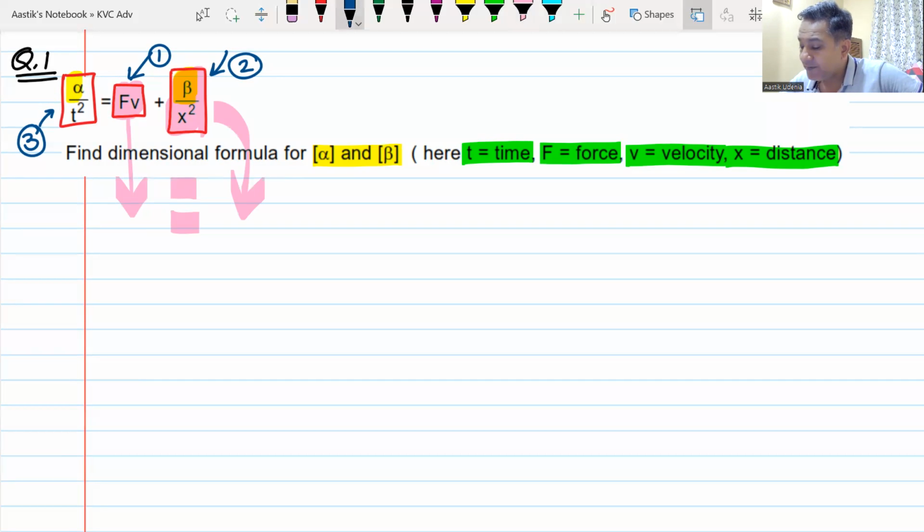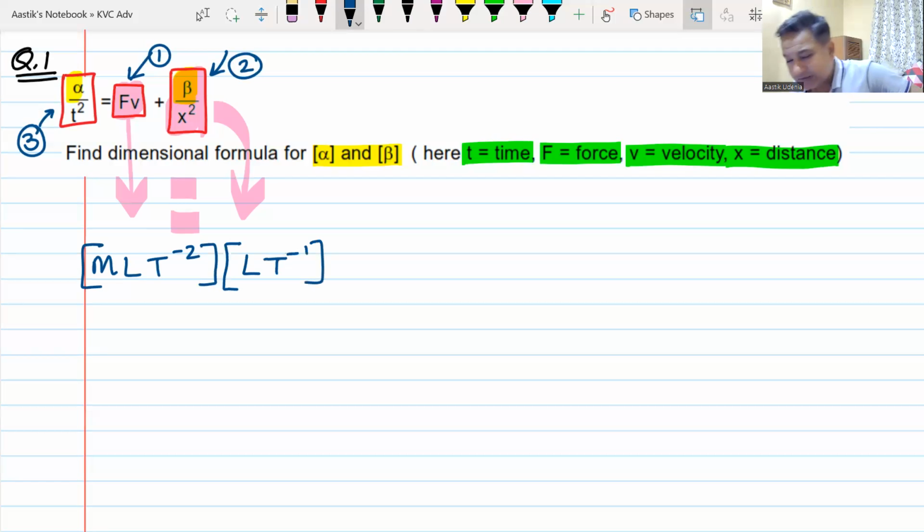How will you find out the dimension of F multiplied by V? F is force. The dimension of force is M L T minus 2. That is the dimension of force. I multiply this dimension of force by velocity. The dimension of velocity is L T minus 1.